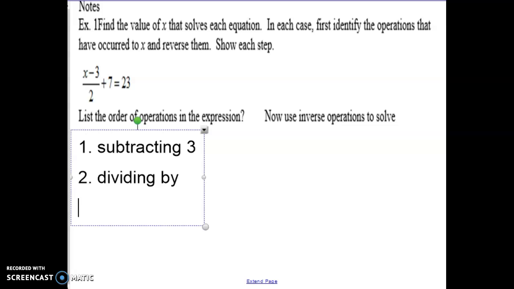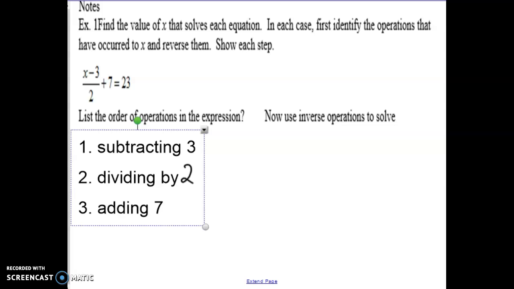And the third thing being done is adding 7. Now all I'm doing is following the order of operations, okay? So if I was to know the value of x and substitute it in, I would say it's 10, subtract 3, then divide by 2, and then add 7. And it looks like I missed my divide by 2, so I apologize.